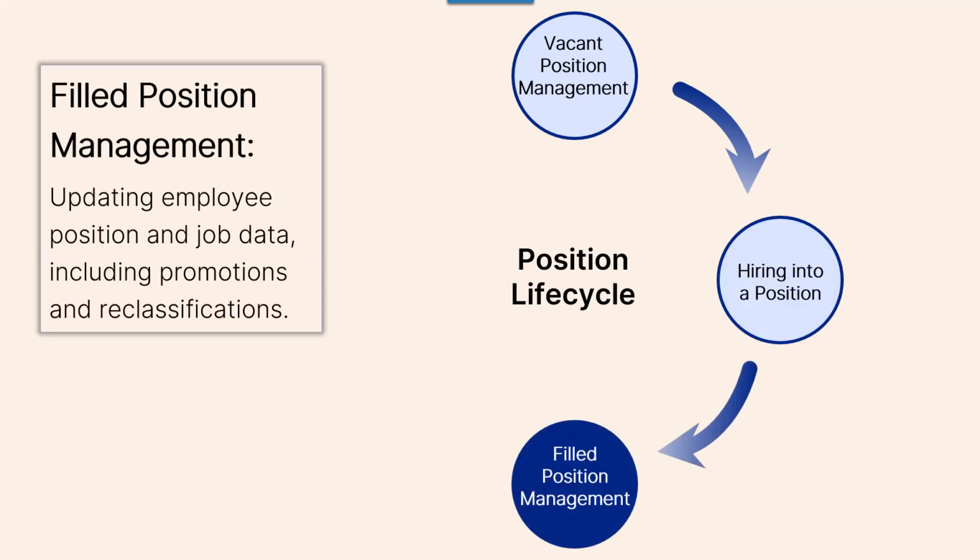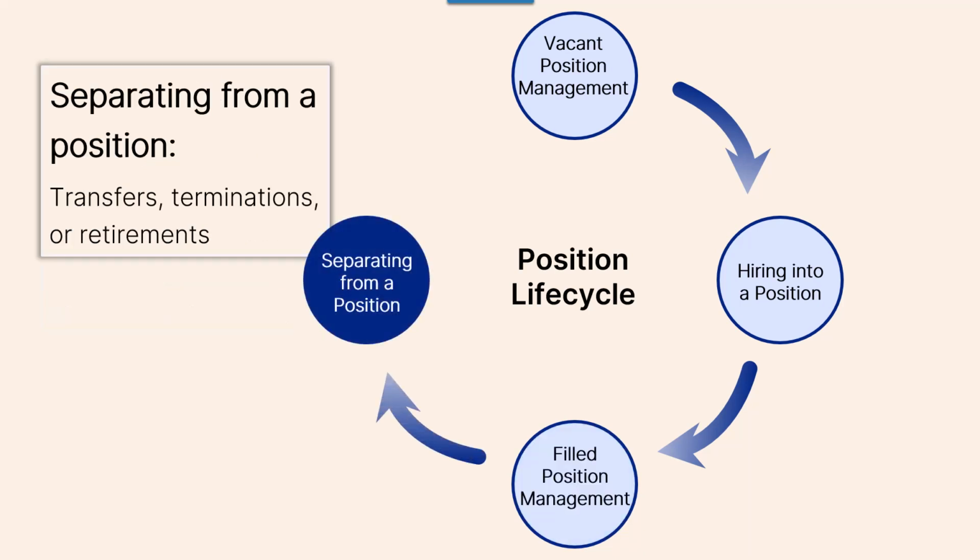Filled position management: once the employee fills the position, there may be updates to their position and job data, including promotions and reclassifications. Separating from a position: eventually, the employee may transfer, terminate, or retire, which may make the position vacant again, ready to be updated, reused, or inactivated as needed, starting the cycle again.